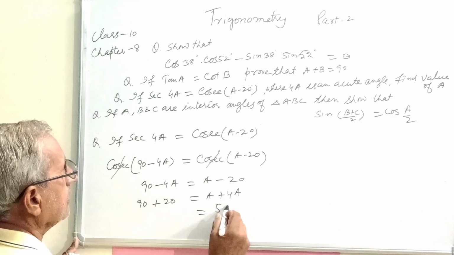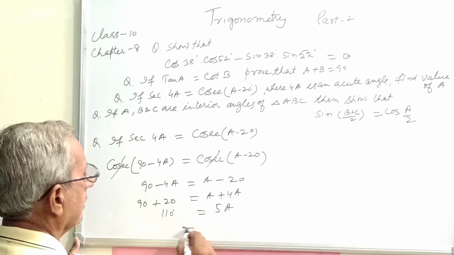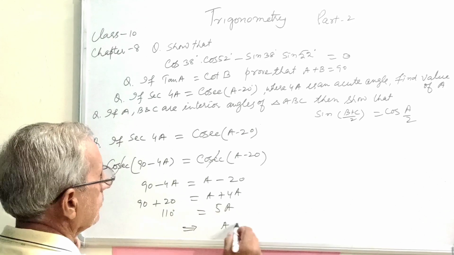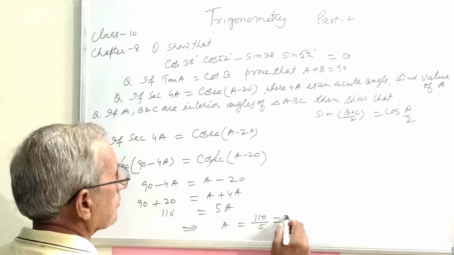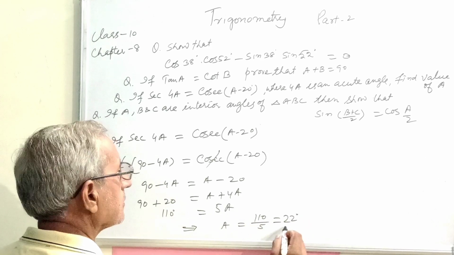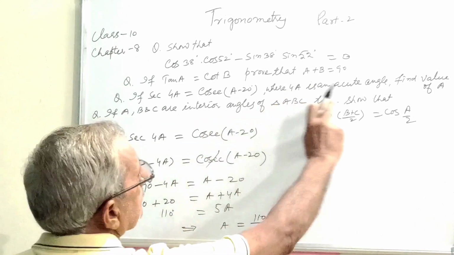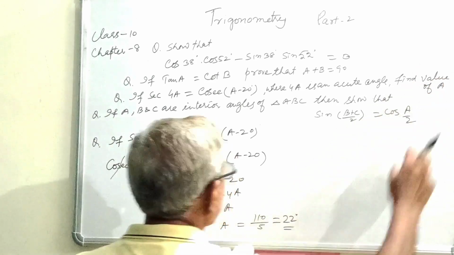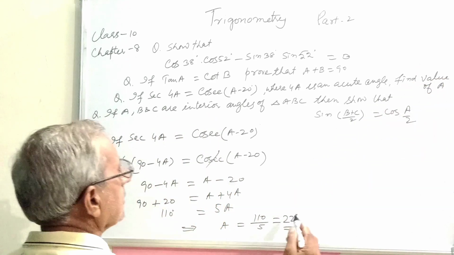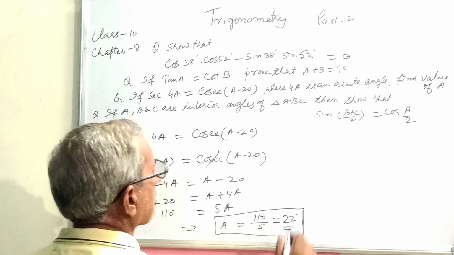That is 5A is equal to 110 degree. So value of A will be 110 divided by 5, that is 22 degrees. So you have to find out the value of A. So the value of A will be 22 degree. So this is the answer.